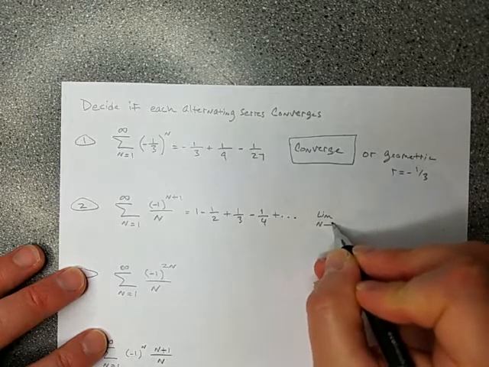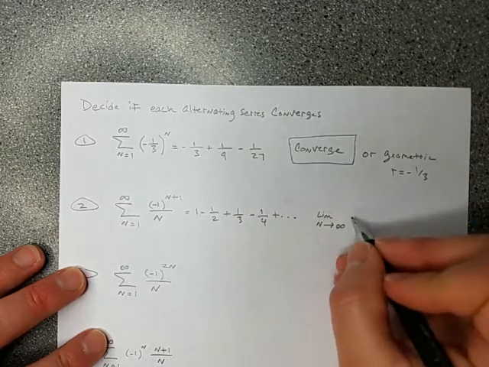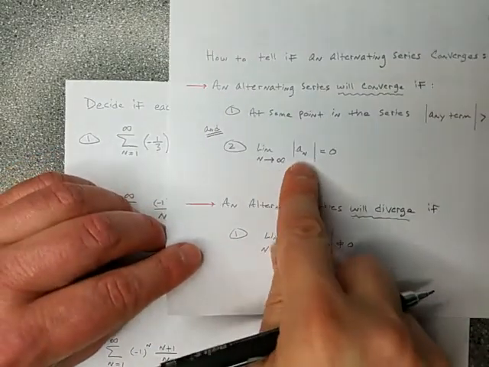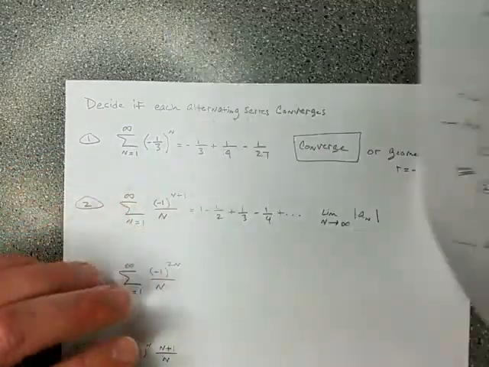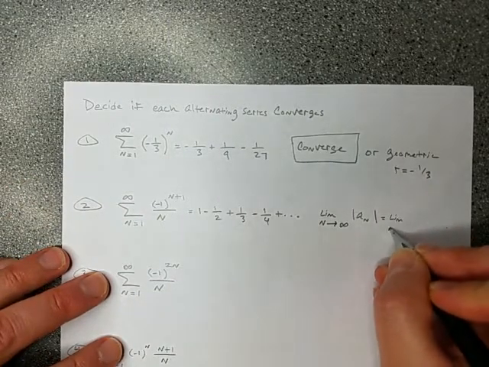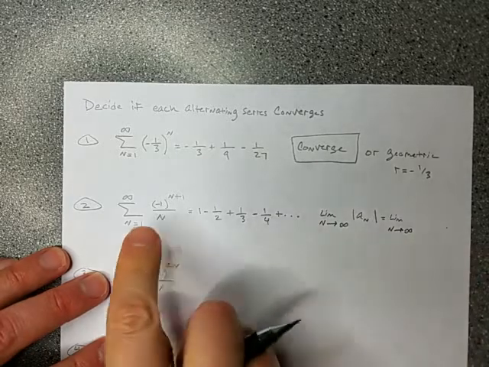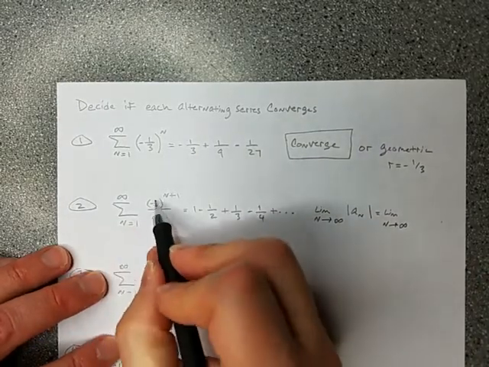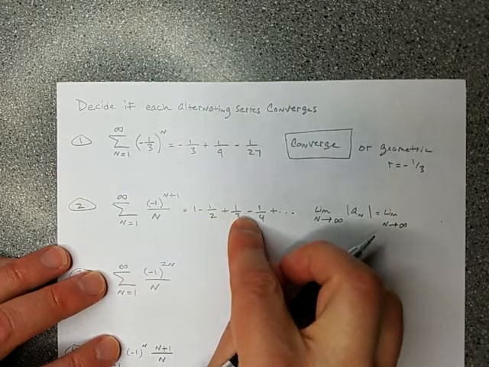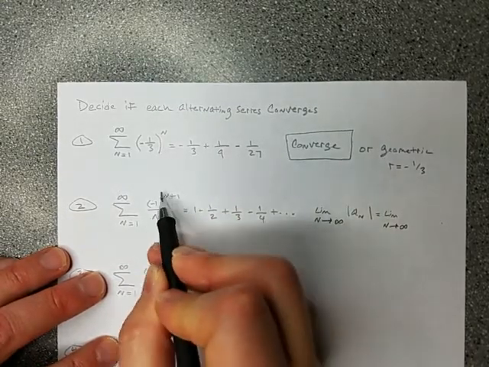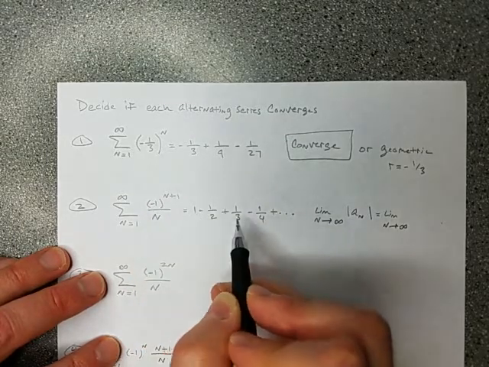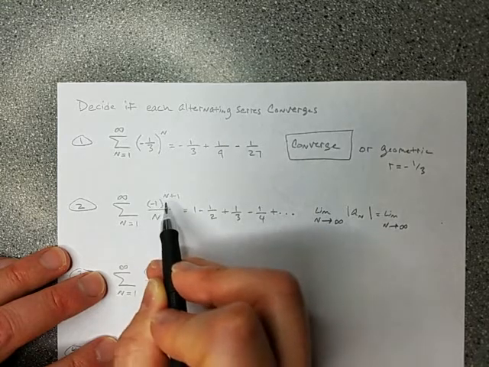But for the sake that we'll run into this again, what do I mean when I write limit as n goes to infinity of the absolute value of a sub n? Then that's going to be, in this case, the limit as n goes to infinity of what this would be if you took the absolute value of it. Wouldn't you just lose the negatives? And what element of this formula is responsible for giving you sometimes a negative number? It's that negative 1 to the n plus 1.